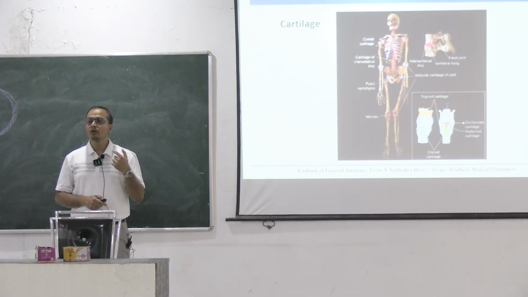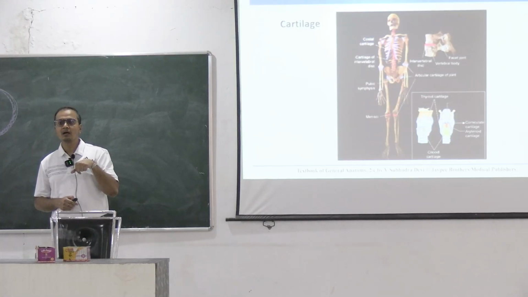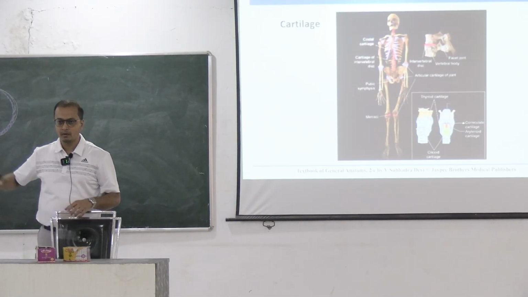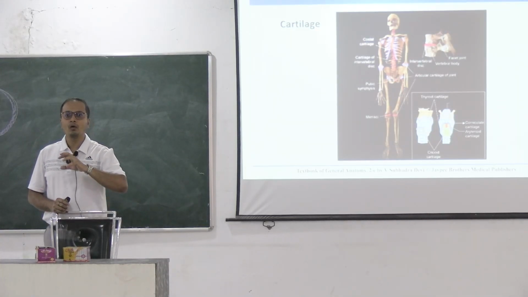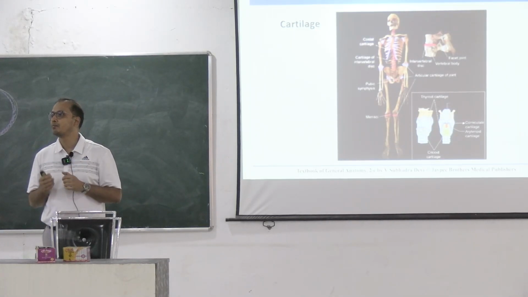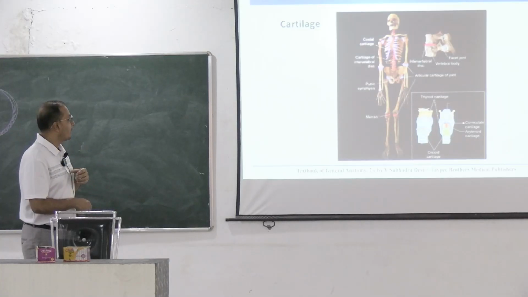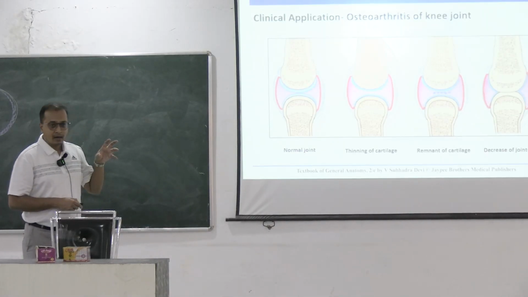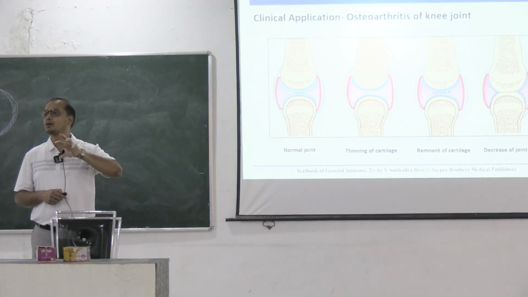A third variety we call hyaline cartilage. The word hyaline means glass. They are transparent, right? They coat the areas where we have most of the friction, just like joints. The hyaline cartilage present in the joint is capping or covering the joint surface of the bone.